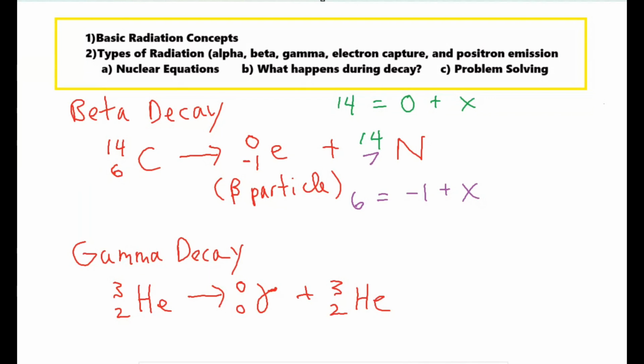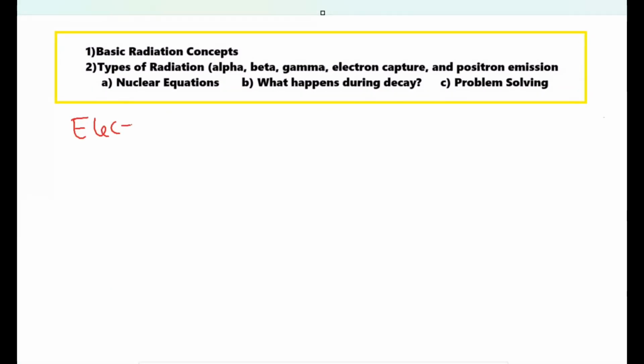All right, moving on to our last two, we have electron capture and positron emission. For electron capture, it is exactly what it might sound like. It's capturing an electron. So say, for example, we have something like carbon 11. So carbon 11, mass of 11. Carbon always has an atomic number of 6.